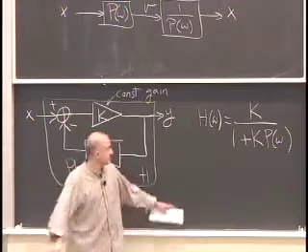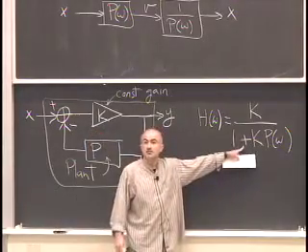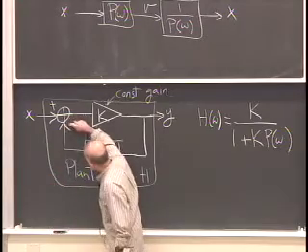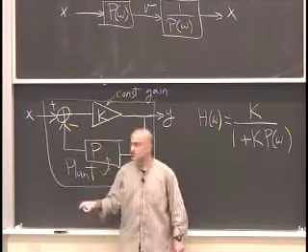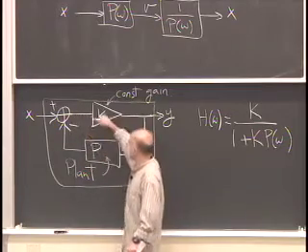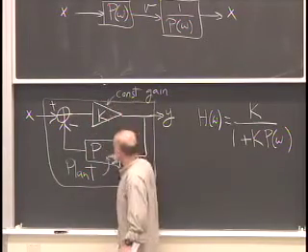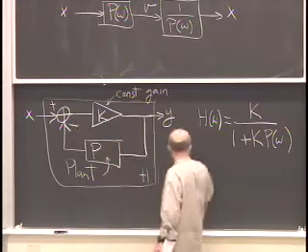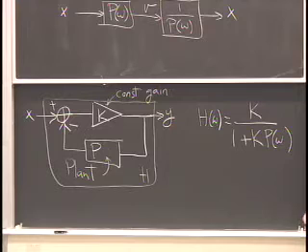Okay? Why don't we have a minus? Because of the minus. So this minus becomes like a constant gain in this loop. Forward gain over 1 minus the loop gain. Loop gain is K times P times minus 1. Minus that turns it into a plus.